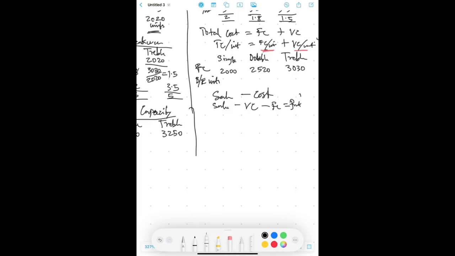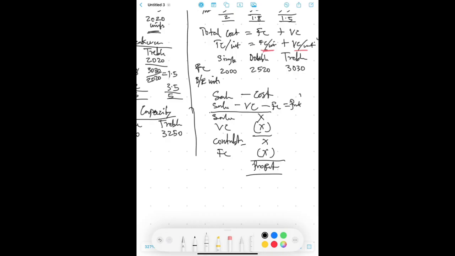When preparing your income statement, you have sales less variable costs, which gives you contribution. Then deduct fixed costs, and you have your profit.